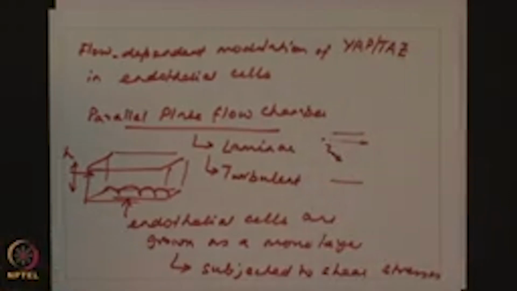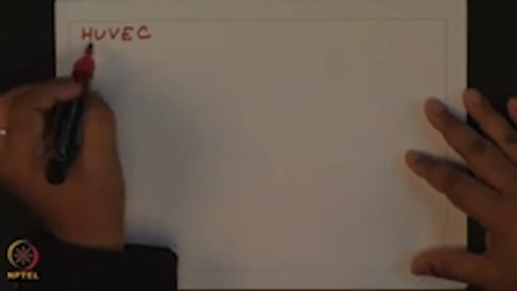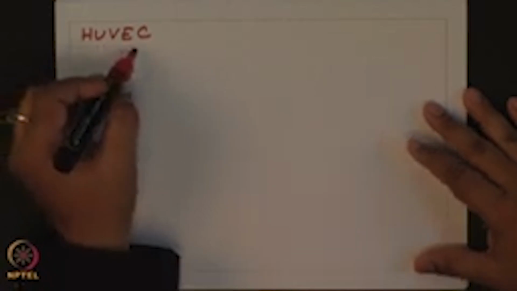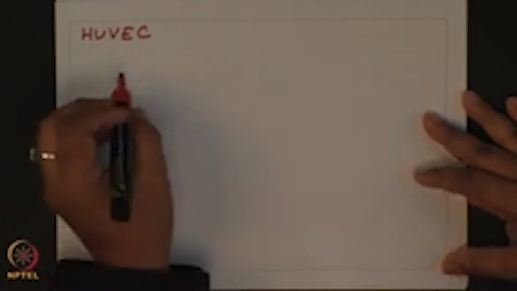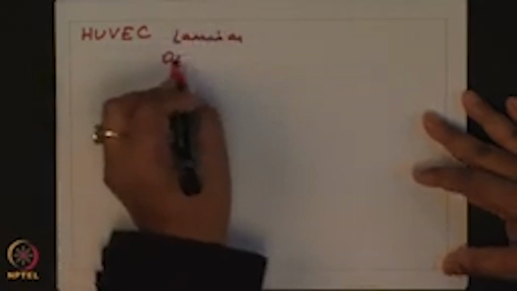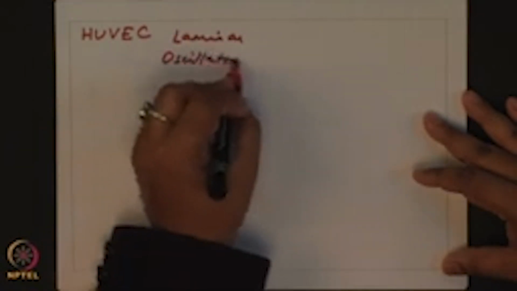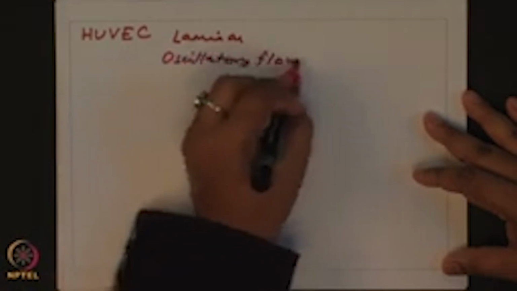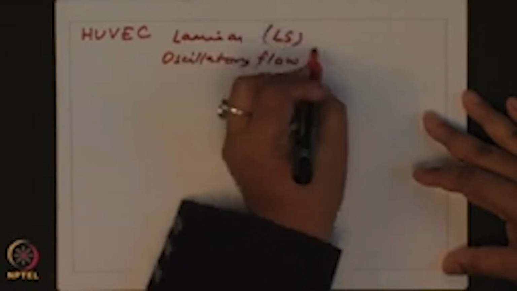So, what they found was, they used HUVE cells, human umbilical vein endothelial cells, and then they subjected them to laminar or oscillatory flow. So, this is laminar shear stress or oscillatory shear stress.